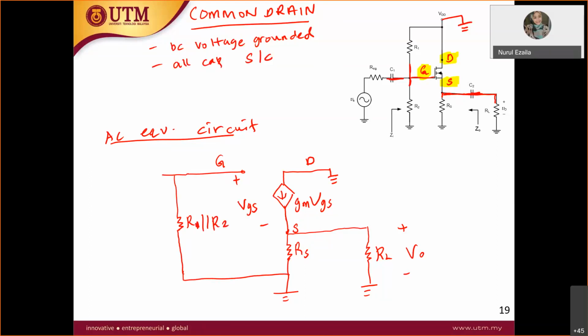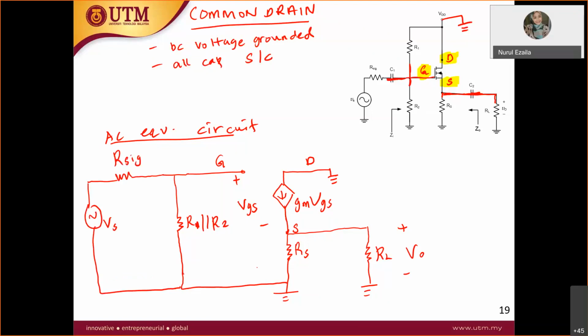What else do you have? At the gate you also have capacitor C1 as a short circuit, and R signal to the Vs. So this is your Vs, and this is your R signal.